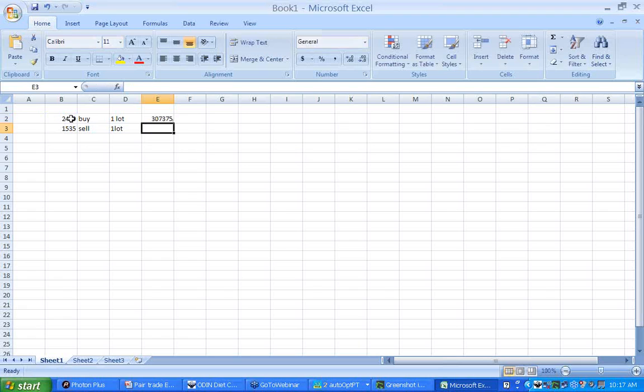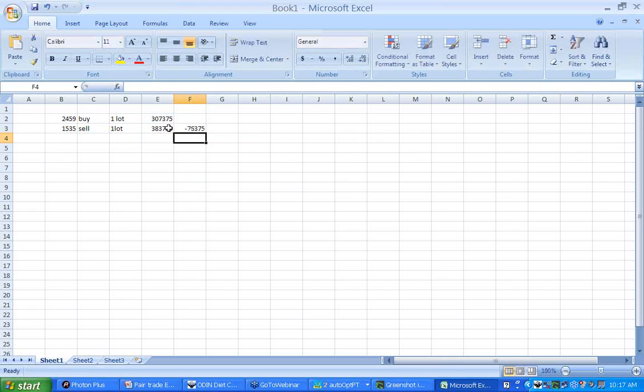125 is the lot size here, 3 lakhs. 250 is the lot size here, 3 lakhs 83. So in value terms you have this much sell value and this much buy value.